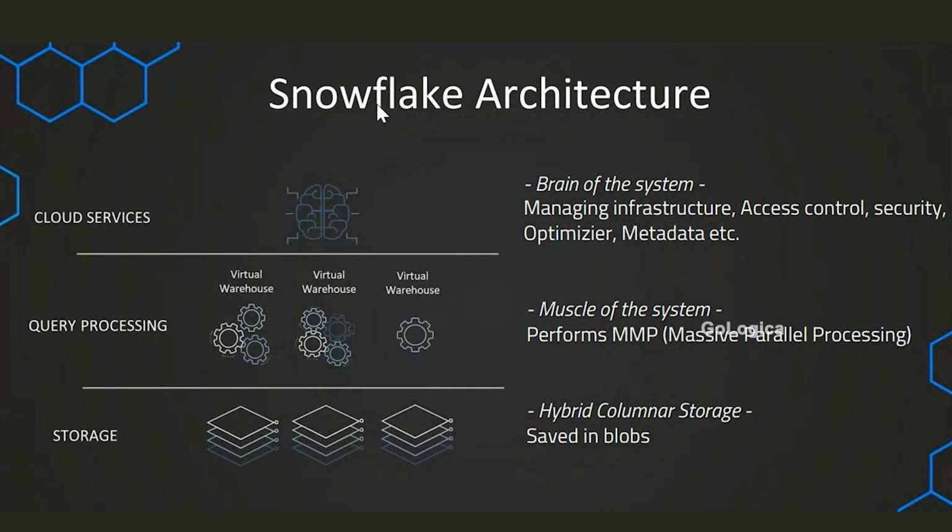At a very high level, we can say that it has three layers. We have the storage layer, where your table data and all the database artifacts are saved. And then once your data is saved in the storage layer, we have the query processing layer.